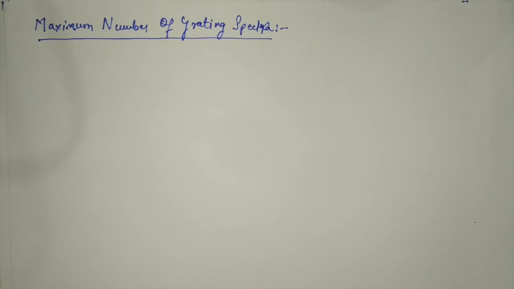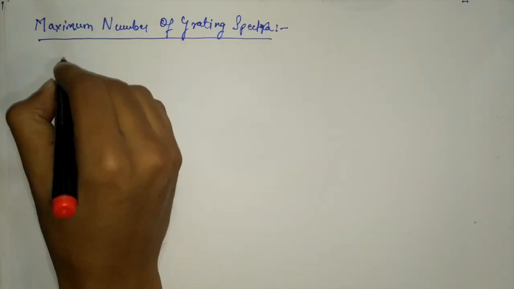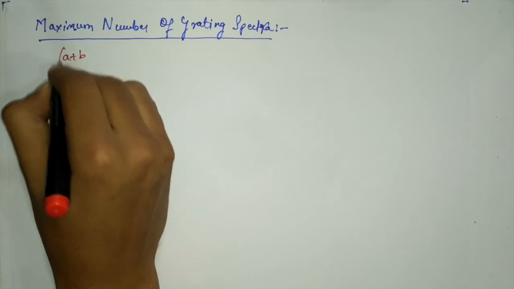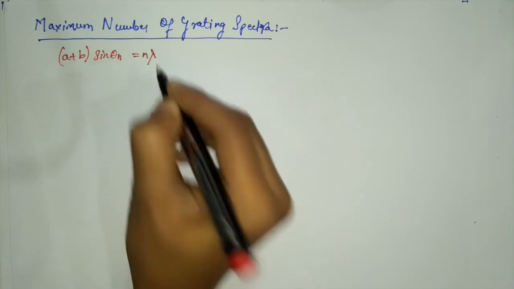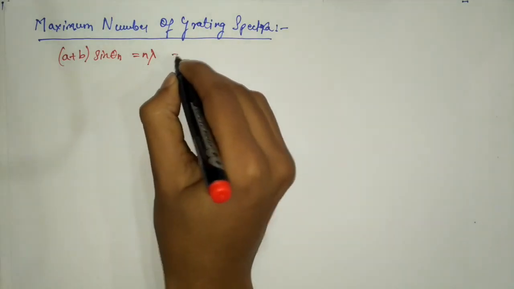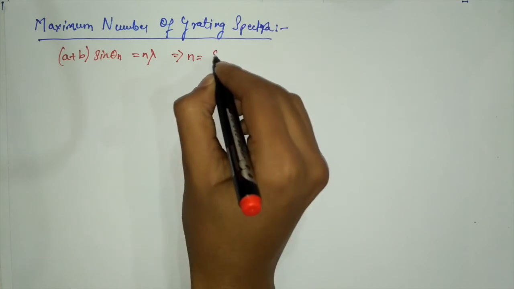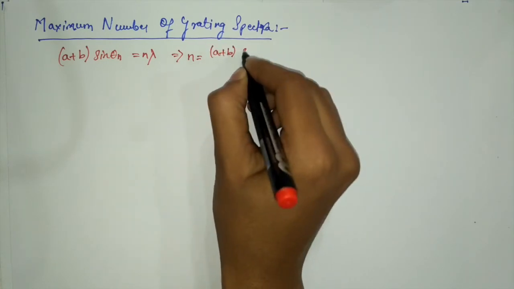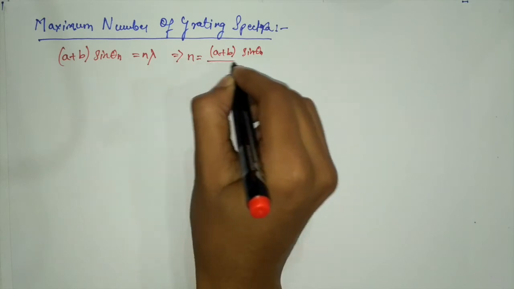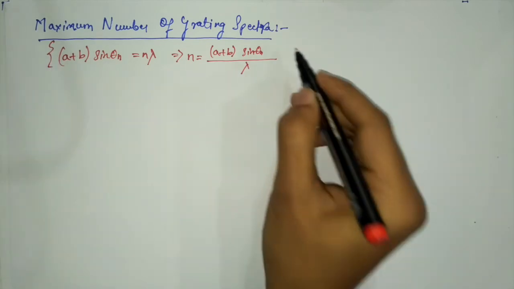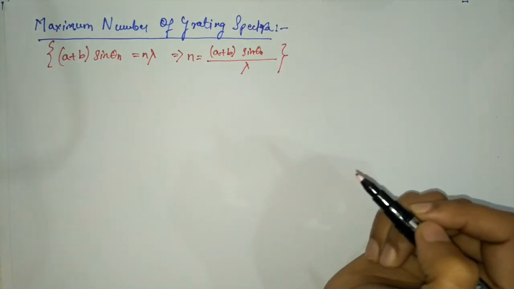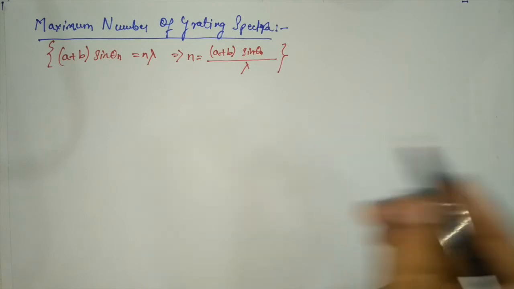So now another formula I am writing for the examination point of view, the maximum number of grating spectra. The grating equation, we know that it is (a+b) sin θn = nλ. From here we can get n = (a+b) sin θn / λ. I am writing these with a different color because all of these steps are formula itself.